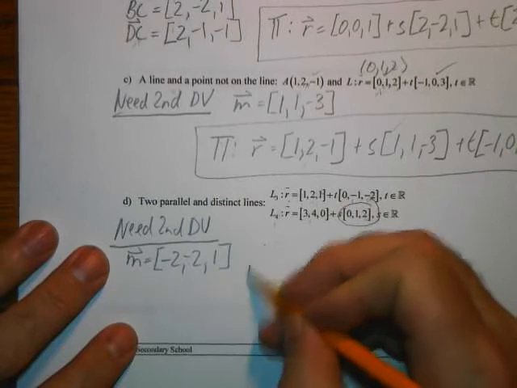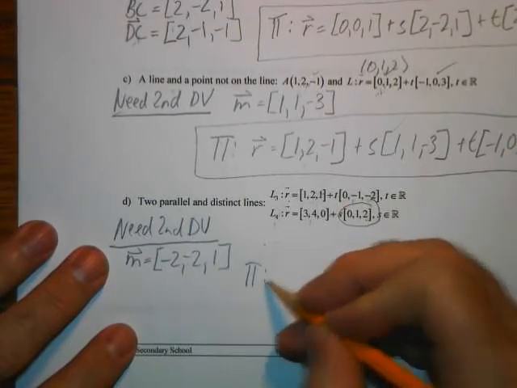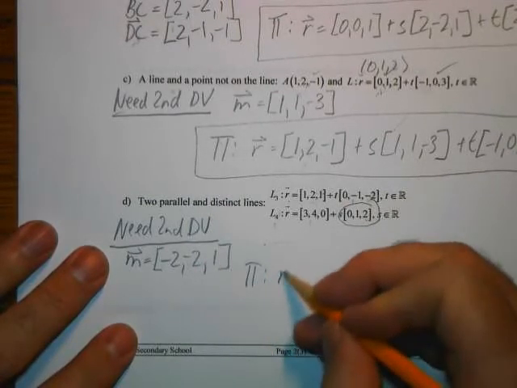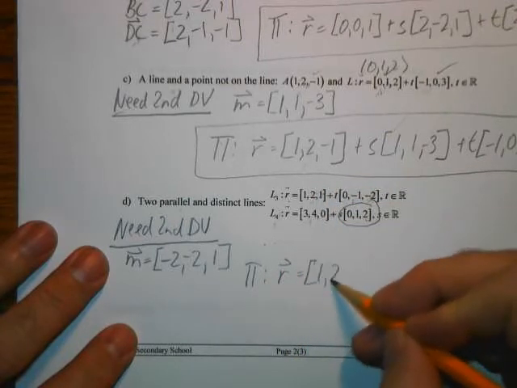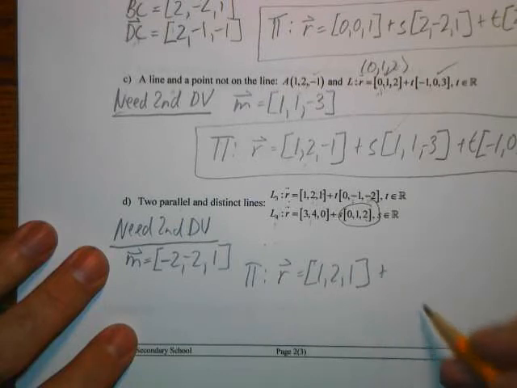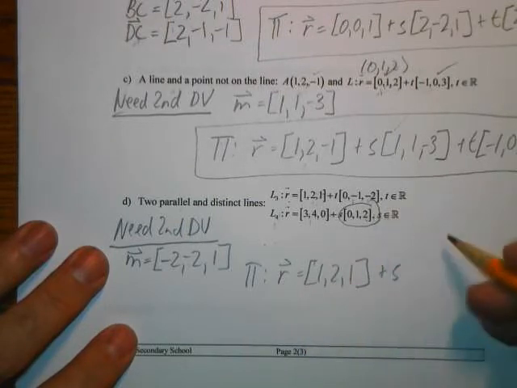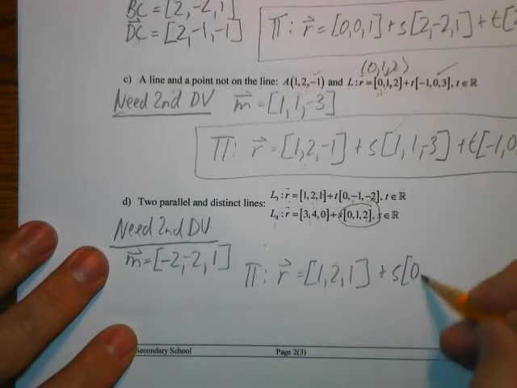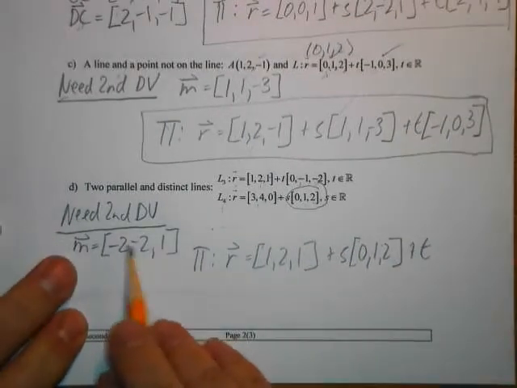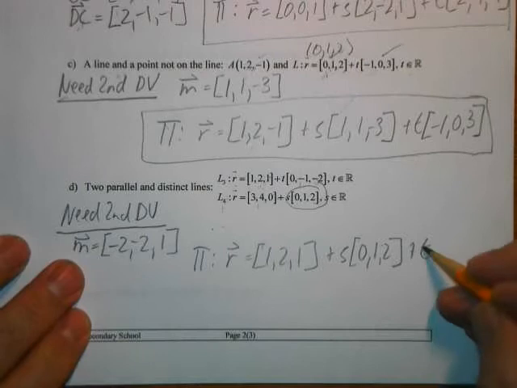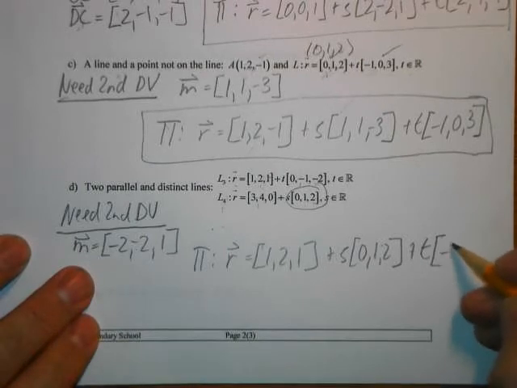So here is the equation of the plane pi. R is equal to, I'll use the first position vector 1, 2, 1, plus I'll use the direction vector from that second line, 0, 1, 2, with a scalar multiple of s. And now I'm going to add on my newly created second direction vector with scalar multiple of t, -2, -2, 1.